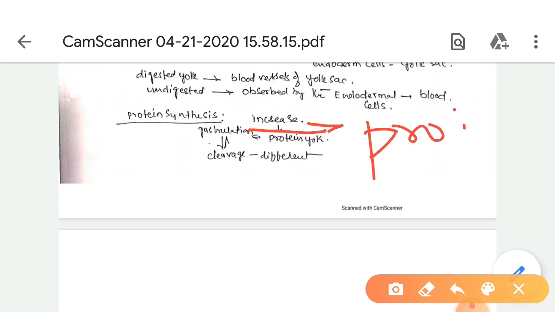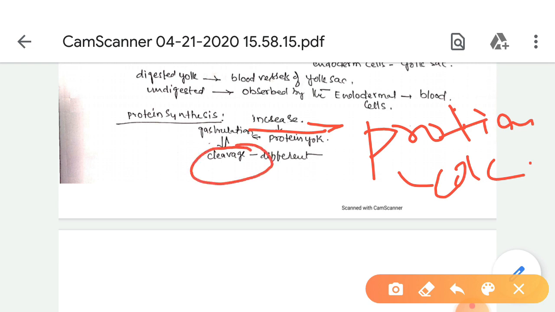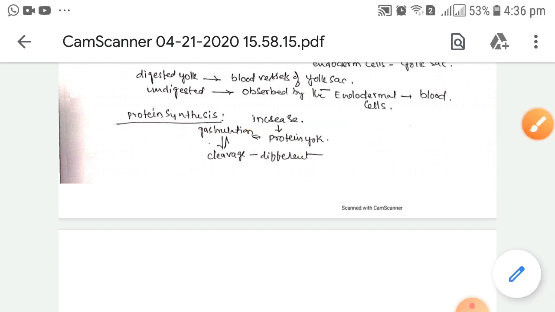During gastrulation, protein synthesis increases, while during cleavage it is very low. When we compare gastrulation and cleavage, they are completely different: in gastrulation protein synthesis is increasing, and in cleavage it is very low.